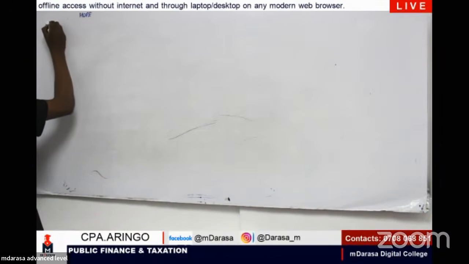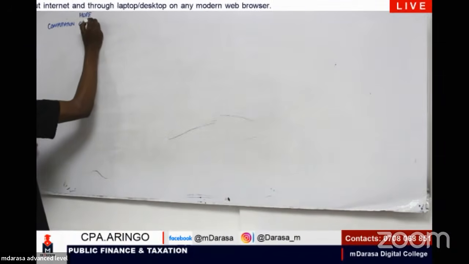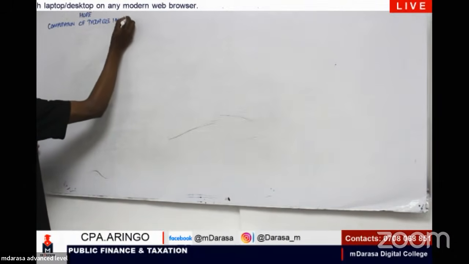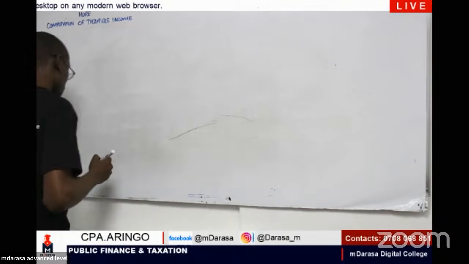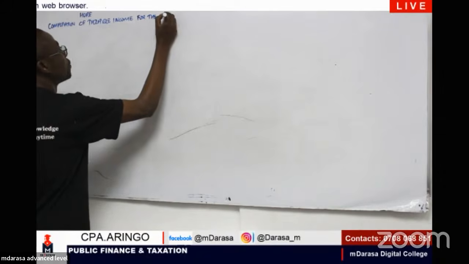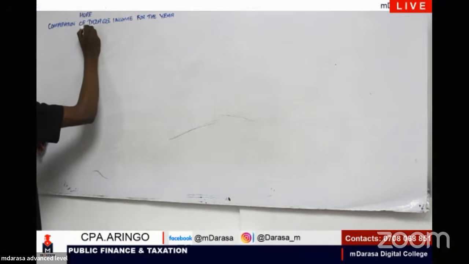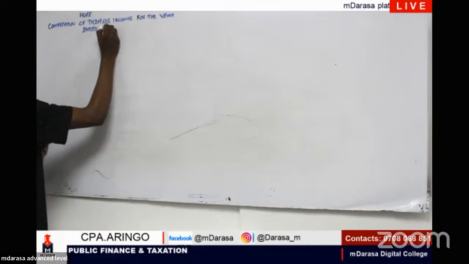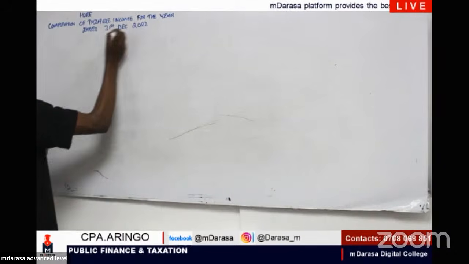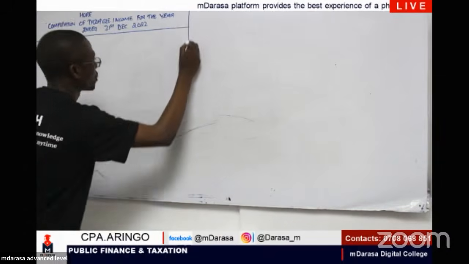Computation of taxable income for the year ended 31st December 2022. So this is the format that I want us to look at.